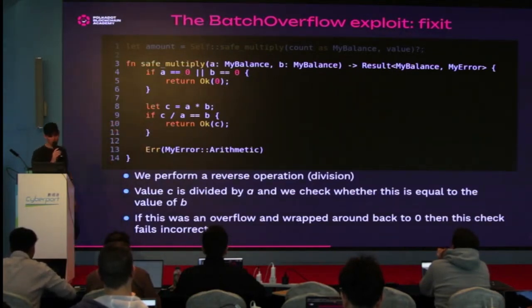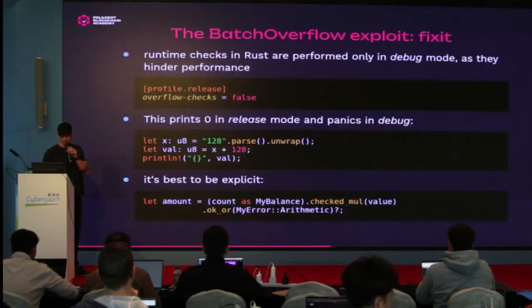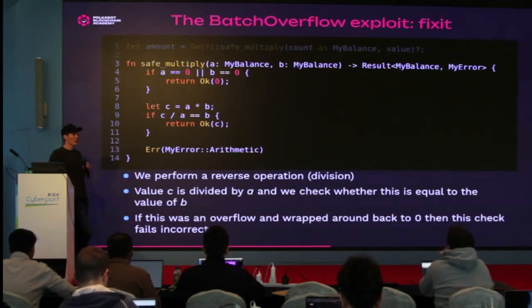So you just check whether this does not wrap around. Maybe generally speaking, with any arithmetic that we do, we should avoid using the primitive minus, plus, whatever, and use the safe ones.